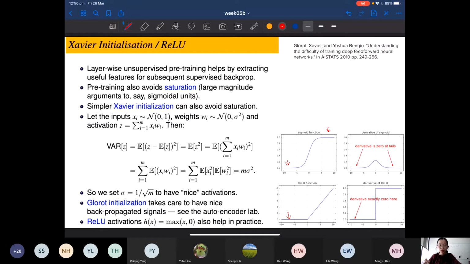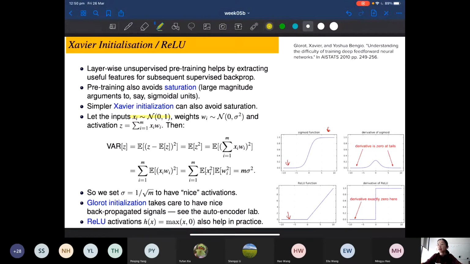Right? So if we assume that the input is distributed like standard normal, this is not such a crazy assumption. If you remember what we said about PCA, it can help you whiten the signal, and you also center the data before you do PCA.